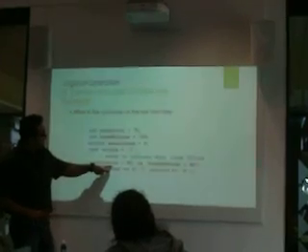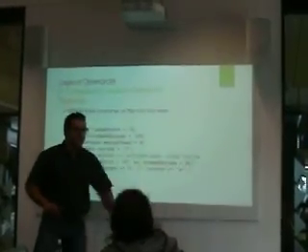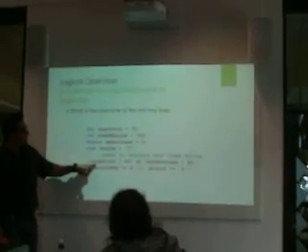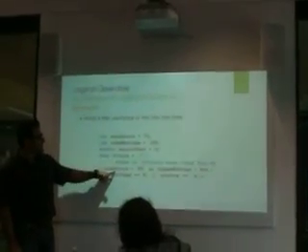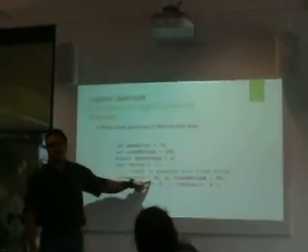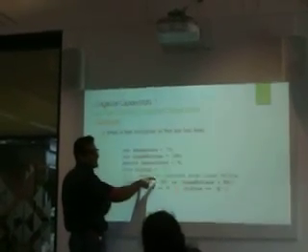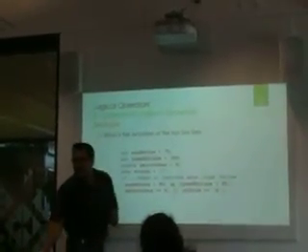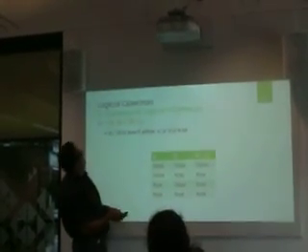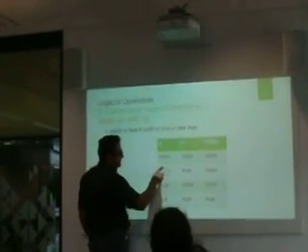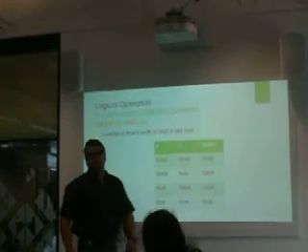We have exam score greater than 90 and homework grade greater than 80. What is the value of exam score? 75. 75 is not greater than 90. So the result of this statement is false. False and anything is false.